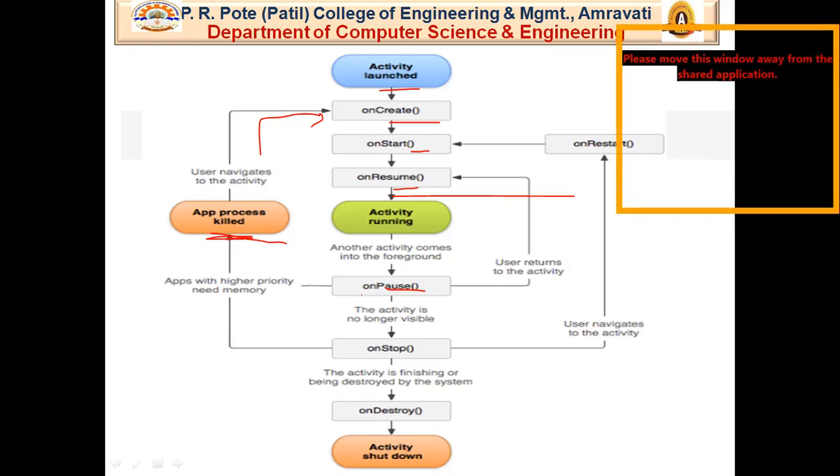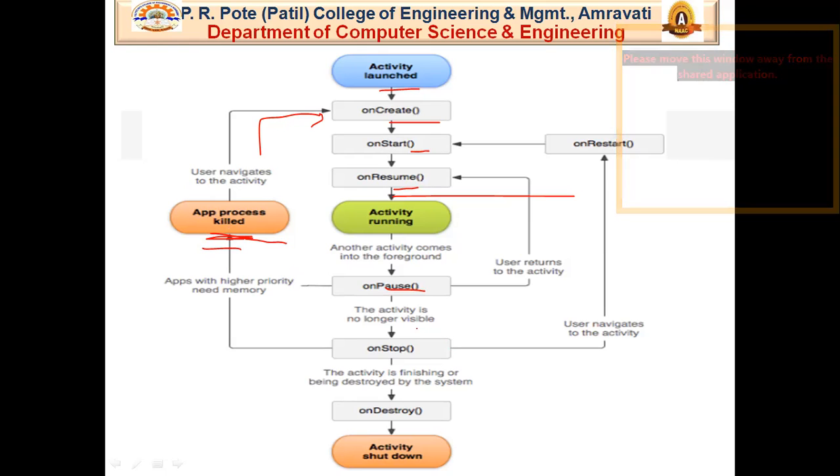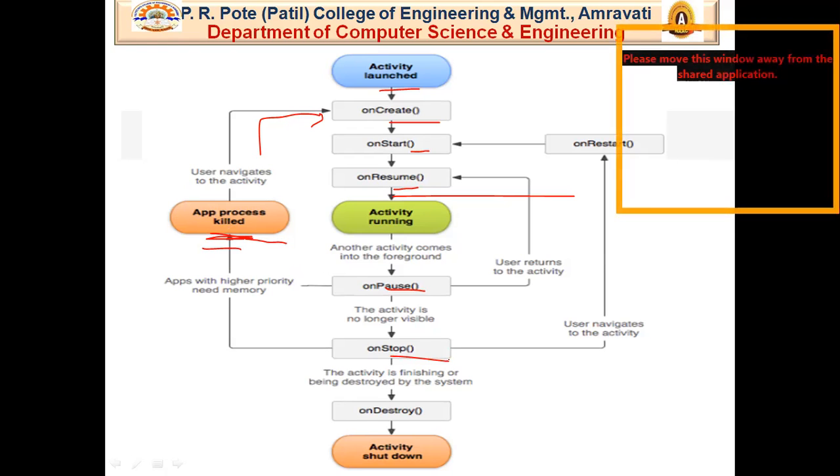Then after the onPause method, if the process is not killed and nothing happens, the activity is no longer visible, and it goes to the onStop method. As the name is very clear, onStop is when we are actually stopping our application and it is no longer visible.